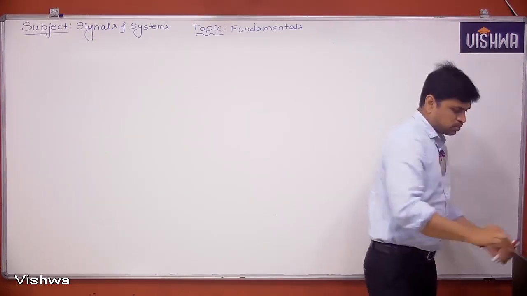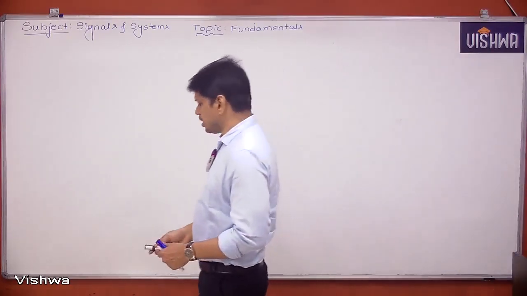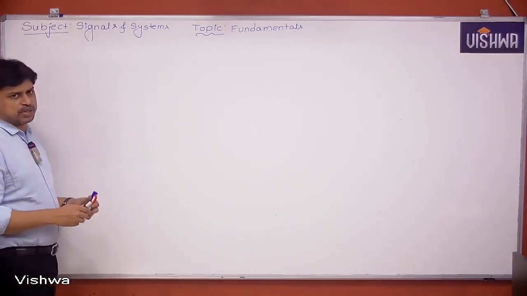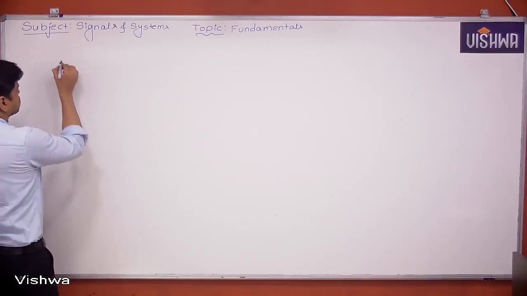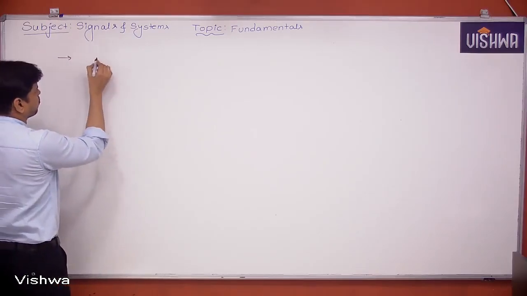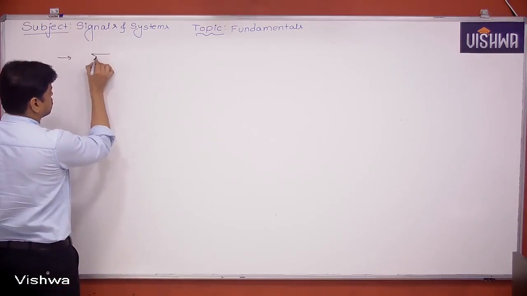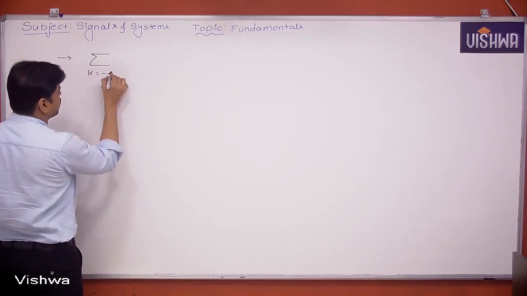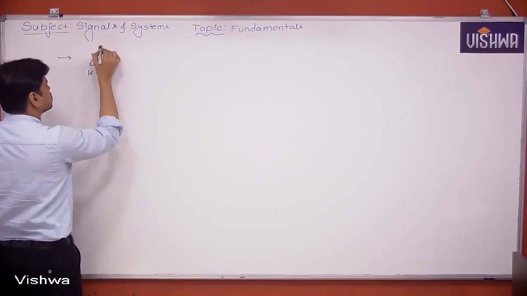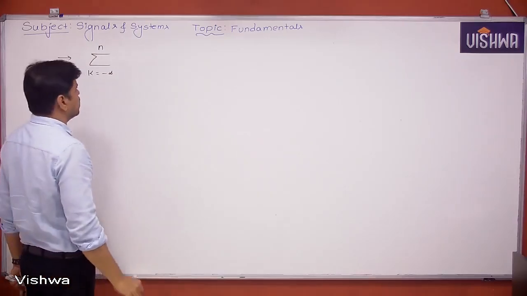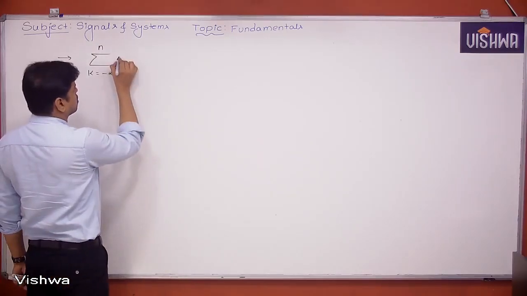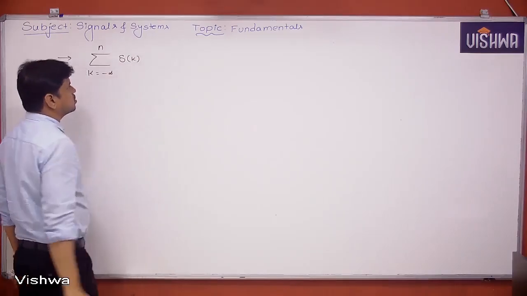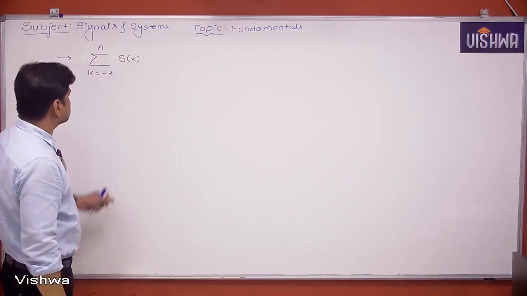Now let's see the relationship between delta n, u of n and r of n. If you observe carefully, summation, k is equal to minus infinity to n, delta k. Let's see.